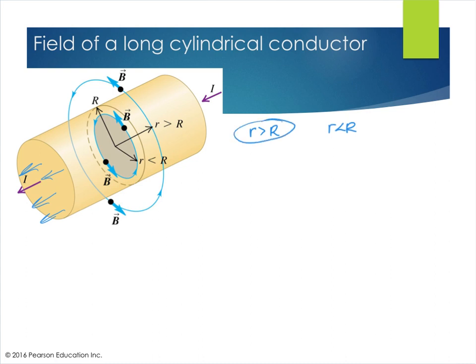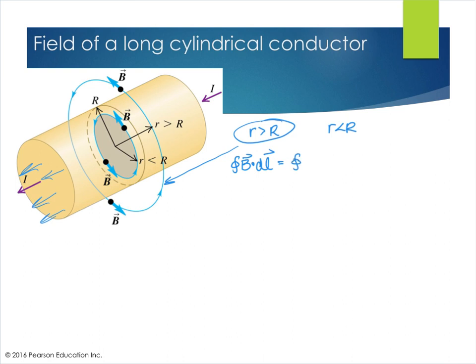We're going to start with the easier part, which is outside of the cylinder, and this is this path of integration right here. So we're doing B dot dl. The idea being that we know the magnetic field will form a circle around that wire, and so we're choosing a circular path. That will make the magnetic field tangent or parallel to dl the whole way, and it'll also be constant.